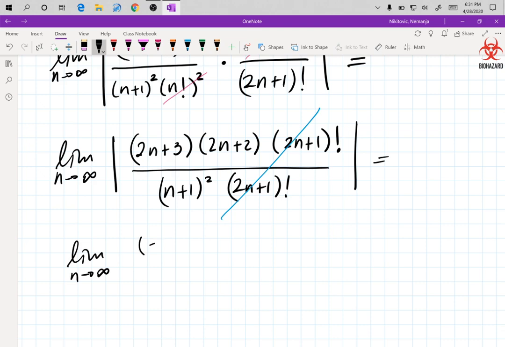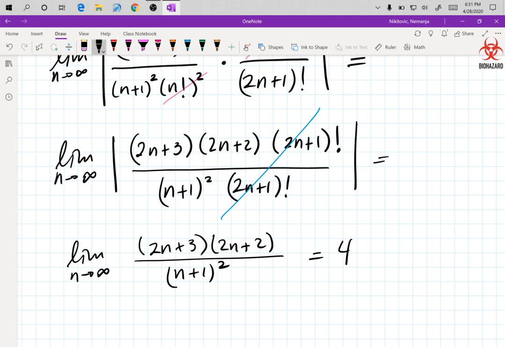I have this (2n plus 3) times (2n plus 2) divided by (n plus 1) squared. And the limit of that is 4. Because if you take a look at the highest powers, that's 2n times 2n is 4n squared, and the bottom has n squared. Well, 4n squared divided by n squared is 4.